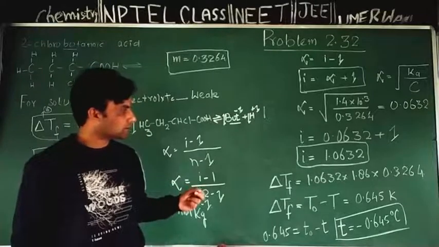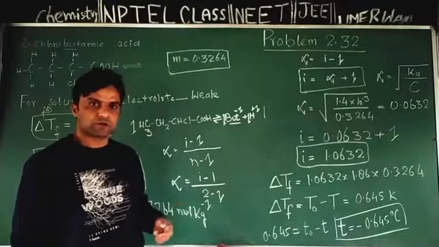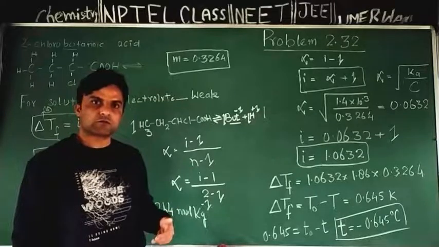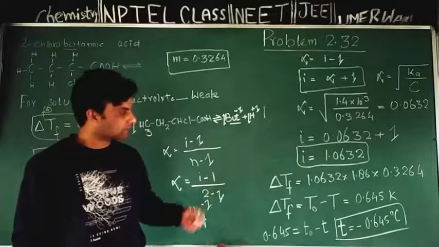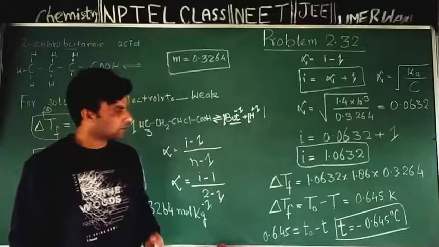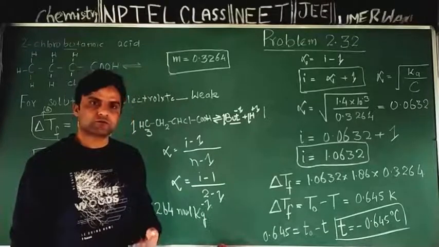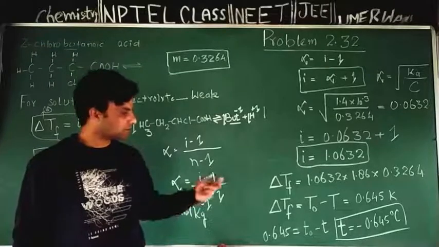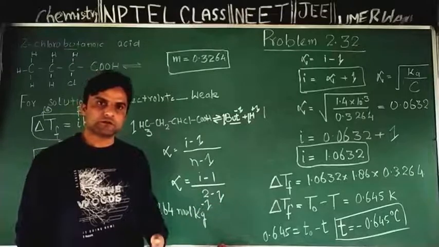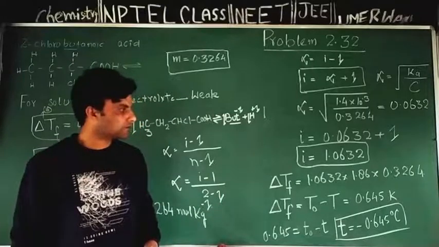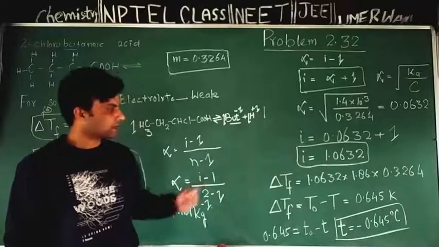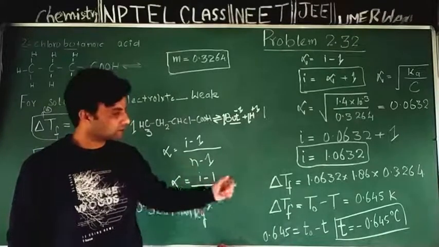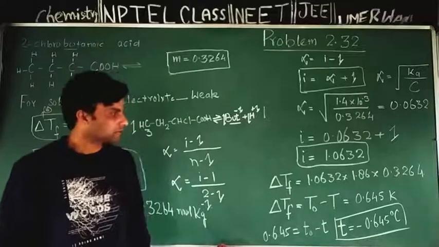It has undergone depression in freezing point, so the solution will now freeze at a temperature lower than 0 degrees Celsius, and that temperature is minus 0.645 degrees Celsius. Freezing point of pure water is 0 degrees Celsius, and freezing point of this solution will be lower than 0, which is equal to minus 0.645 degrees Celsius. I can also express this freezing point of solution in Kelvin. I simply need to add 273 to this value.